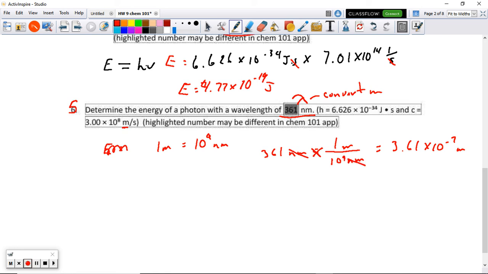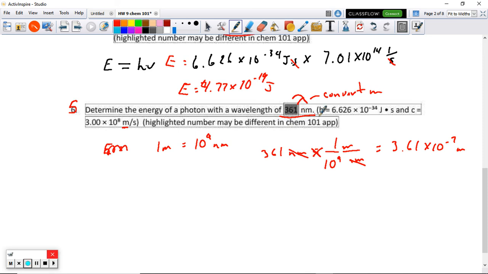That cancels out nanometers. So 361 times 10 to the negative 9th, that's an exponent, will give us 3.61 times 10 to the negative 7 meters.